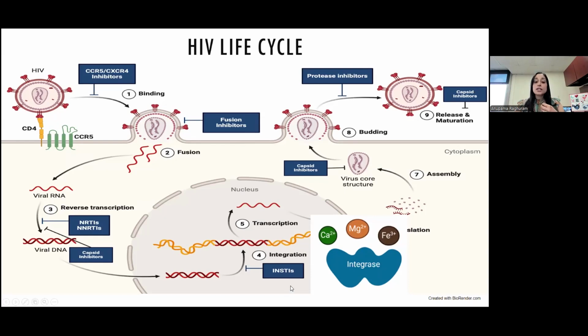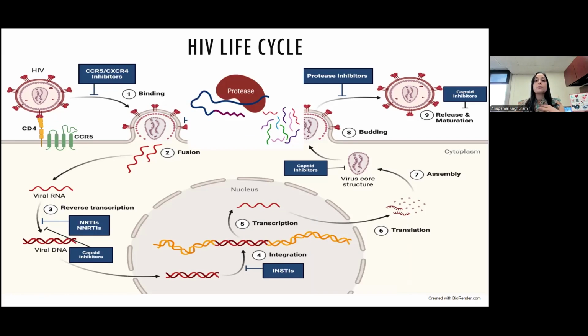So what integrase inhibitors do is they're actually going to bind to one of these components in the structure of the enzyme, and that alters its structure and function, and then it can no longer do the process of snipping this and integrating the viral DNA. So that's how they work. And I want you to remember this because it'll be important later in this talk when we talk about drug-drug interactions. Okay, so that's the integrase process.